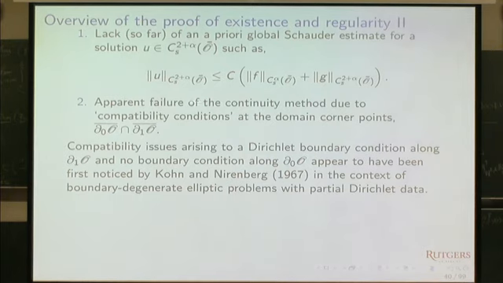So they only need to consider a global estimate like this, where the entire boundary is degenerate. There are no corners. The other kind of estimate they develop is an interior one for the upper half plane, where there's no issue of compatibility there either. So this is the paper where at least hints of these kinds of difficulties first appeared.